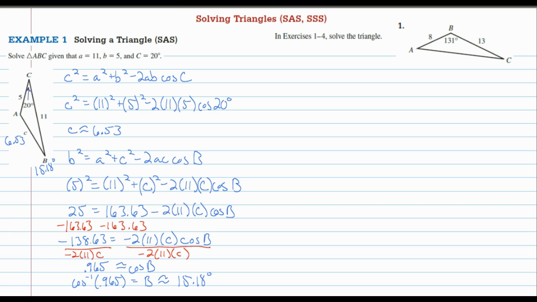And then by doing a little subtraction just off to the side here, 180 minus 20 degrees for angle C minus the answer I just got in my calculator, I get that angle A, which is going to be the largest angle, I know because it's already the largest side, is 144.82 degrees.